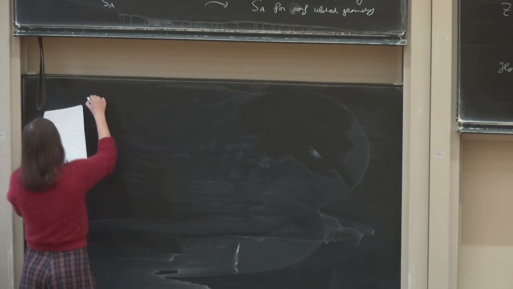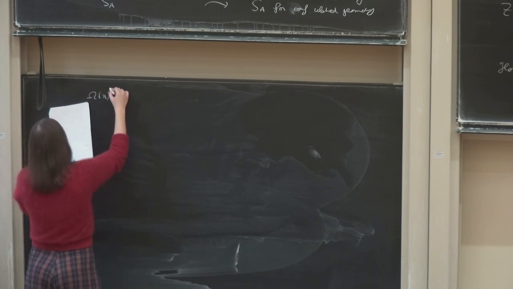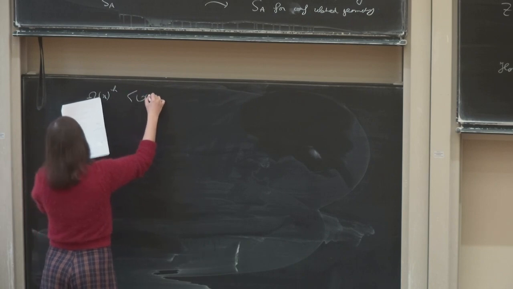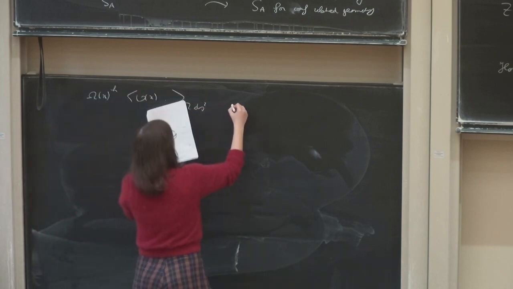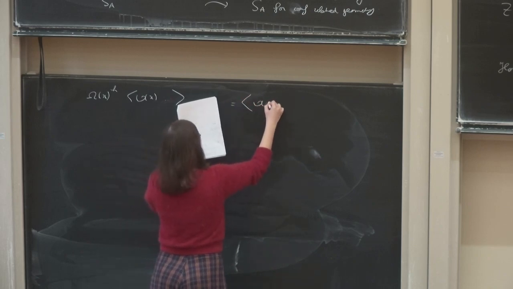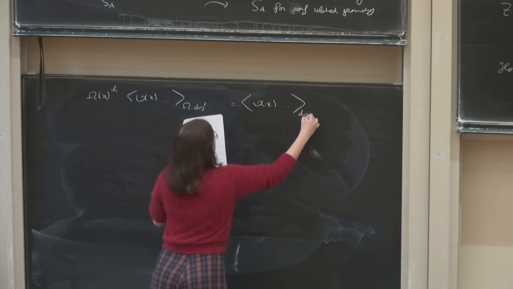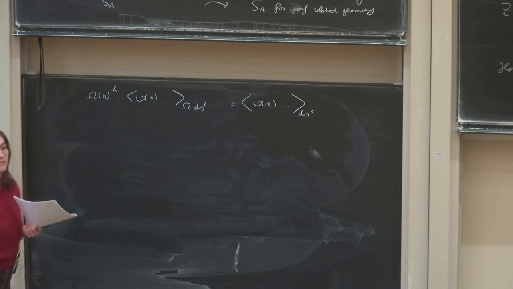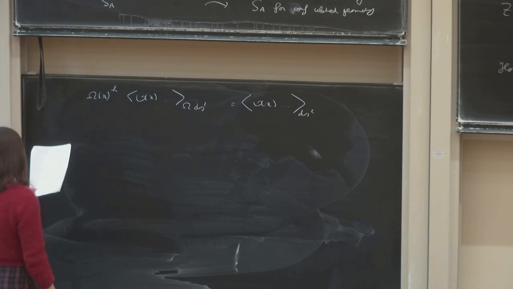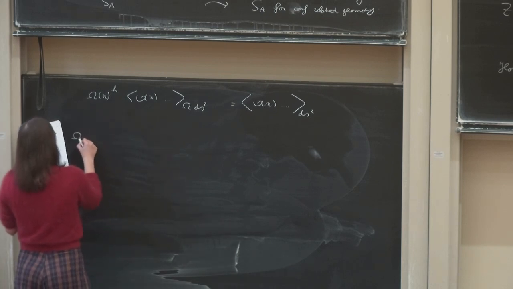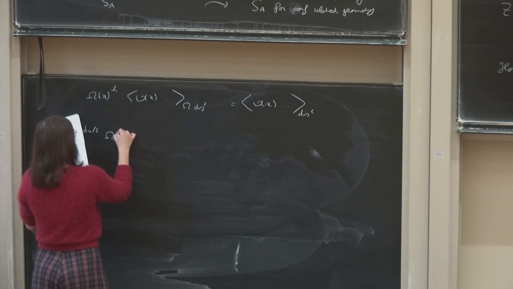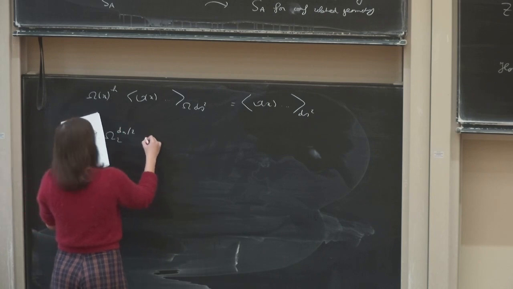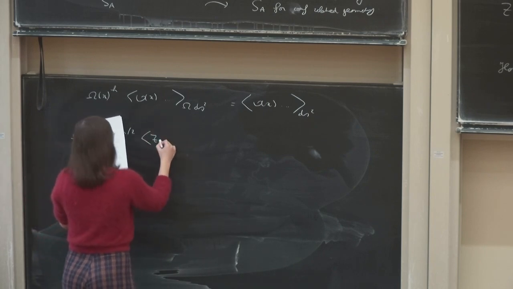In that general notation, we had something like this. So this we can now apply to our twist field correlators.